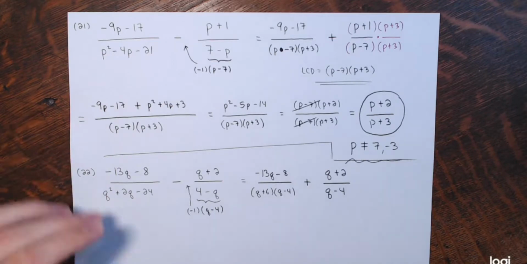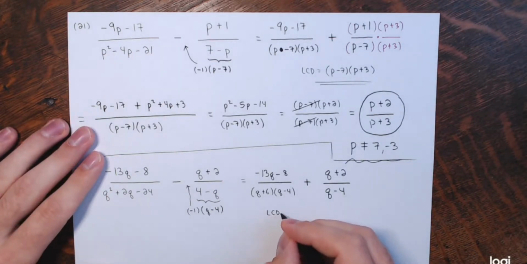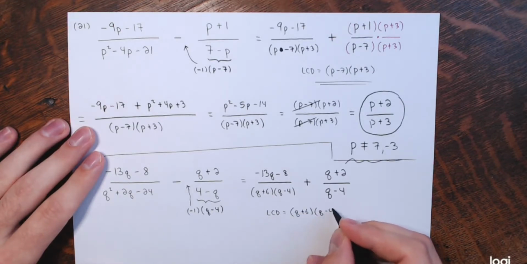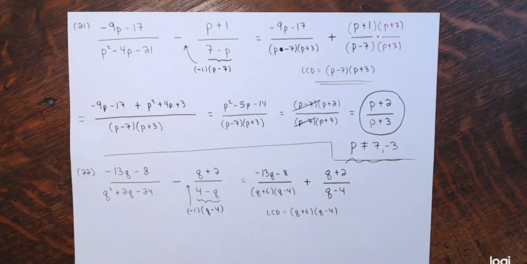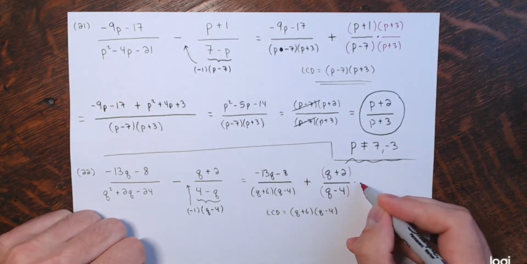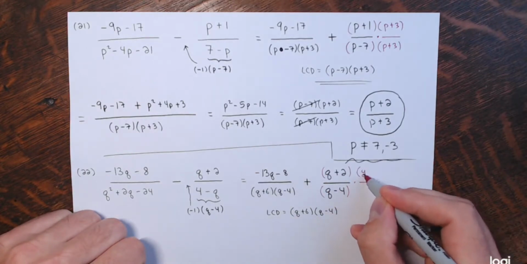So the LCD, looking at these factored denominators, would be q plus 6 times q minus 4. So the first denominator is okay. I would have to multiply the second fraction, the numerator and denominator, by q plus 6.